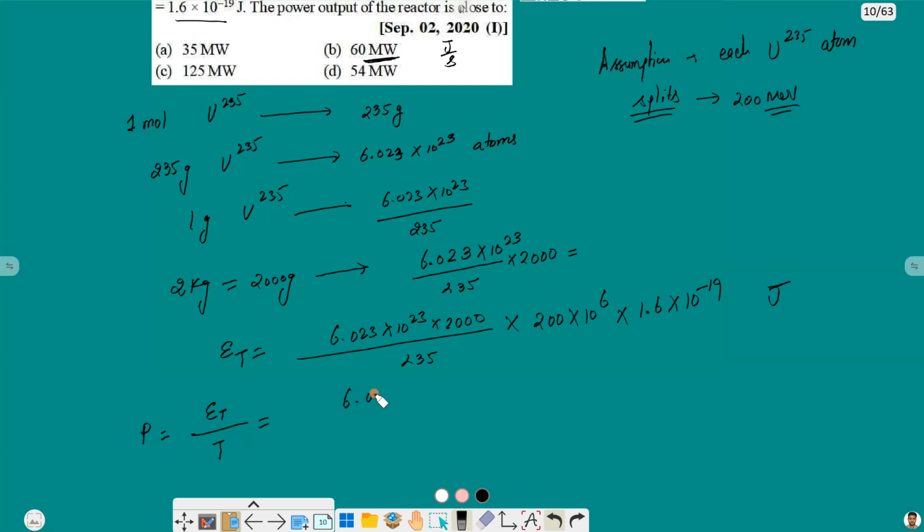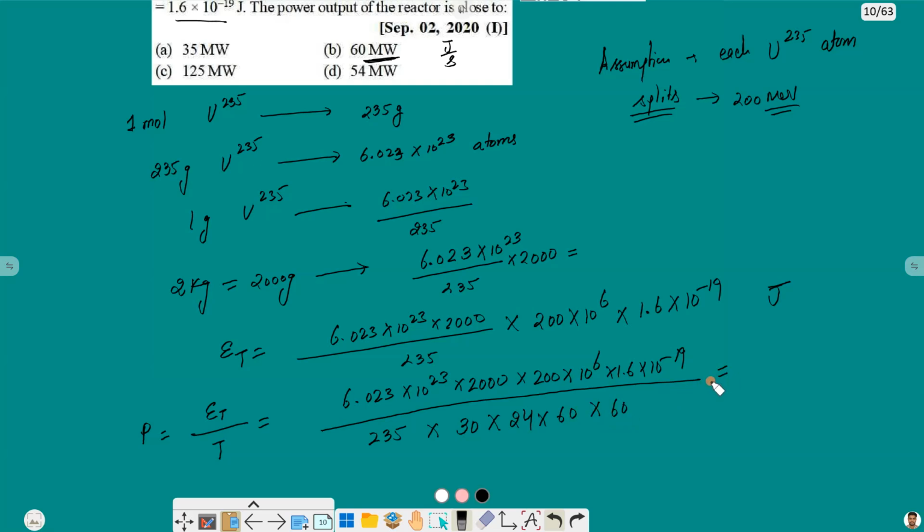So let's substitute 6.023 × 10^23 × 2000 × 200 × 10^6 × 1.6 × 10^-19 divided by 235, and now divided by the number of days, that is 30 days. Each day has 24 hours, each hour has 60 minutes, and each minute has 60 seconds.